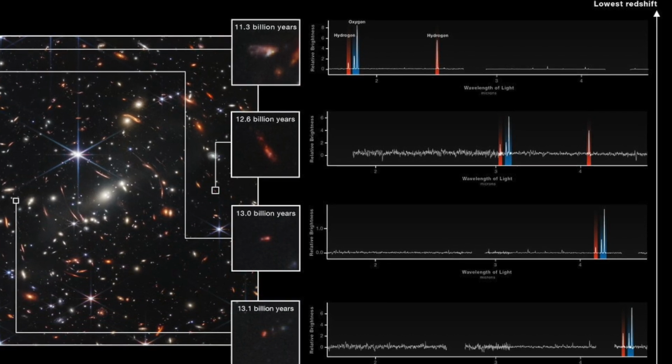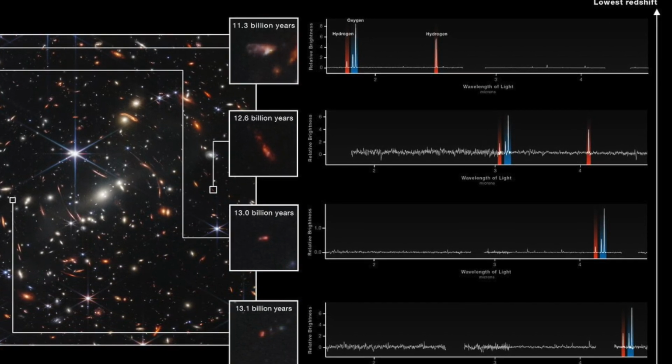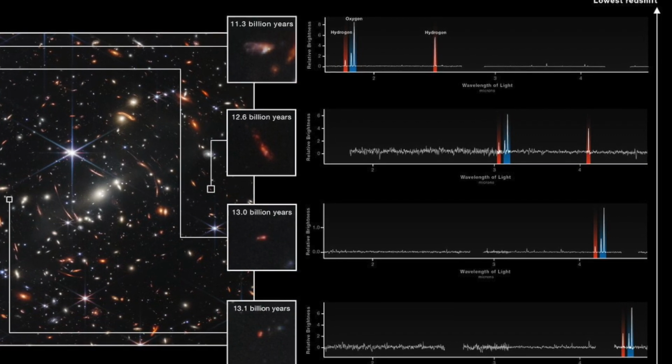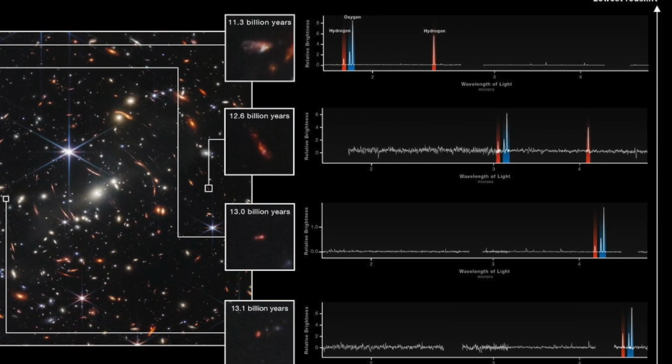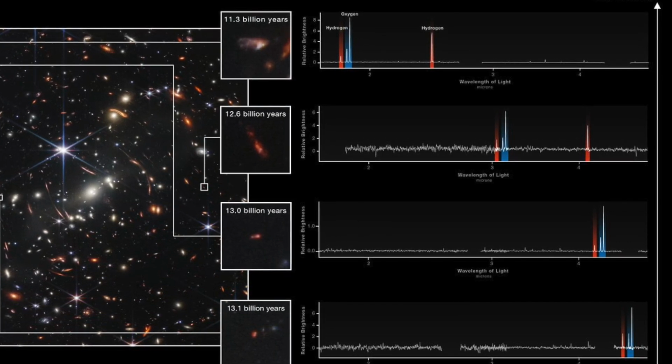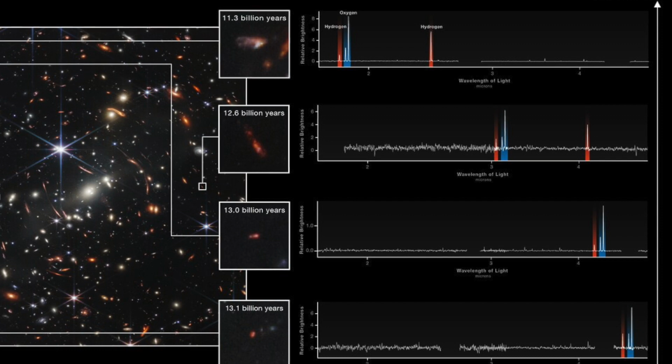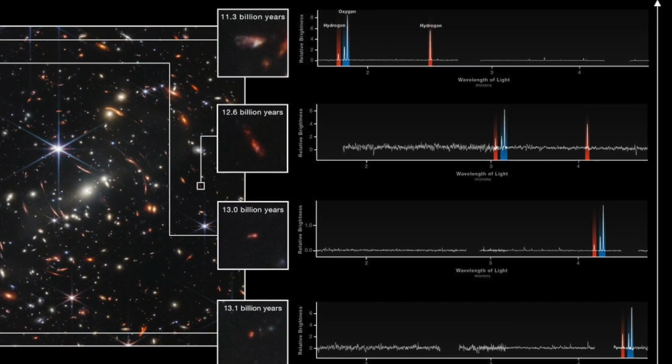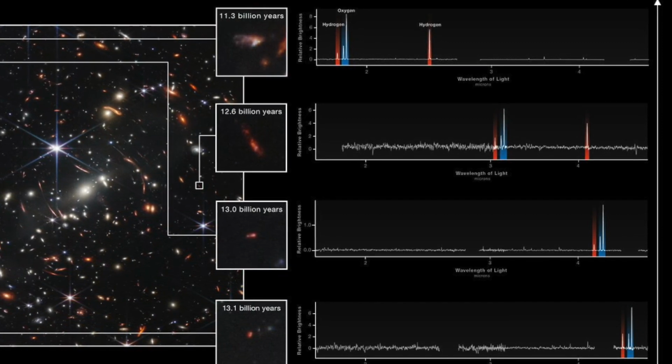For me, right now, I'm busy analyzing our data from the MIRI instrument, trying to pin down exactly how many black holes we have in these images that we didn't know about before, and not only that, but their accretion rates. So how fast they're growing.